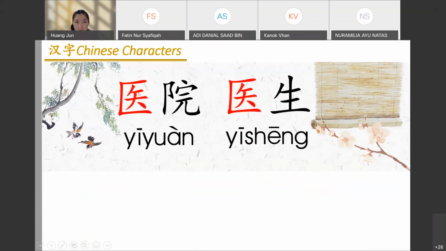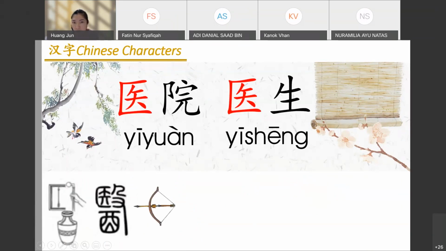Then let's compare 医生 and 医院. 医院 means hospital. 医生 means doctor. They have the same word 医 inside. As we told you, this is an arrow, showing how people get hurt. Then about the word 院, we told you the left side resembles a person's ear.